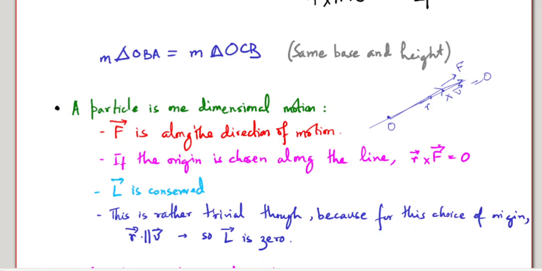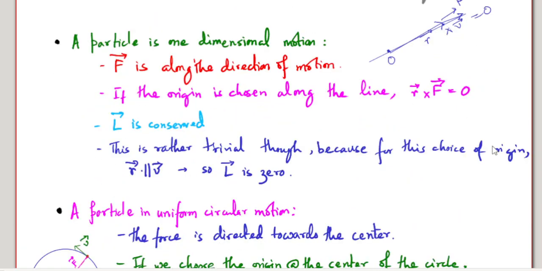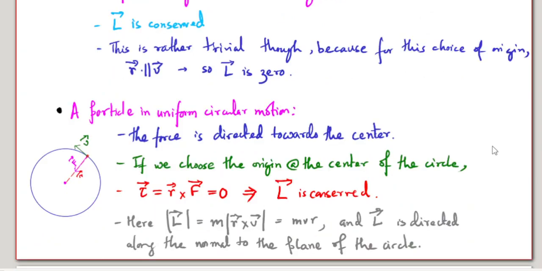The third example that we are going to discuss fits in more closely to our notion of angular momentum as something which describes angular motion or circular motion. This is a particle in uniform circular motion.